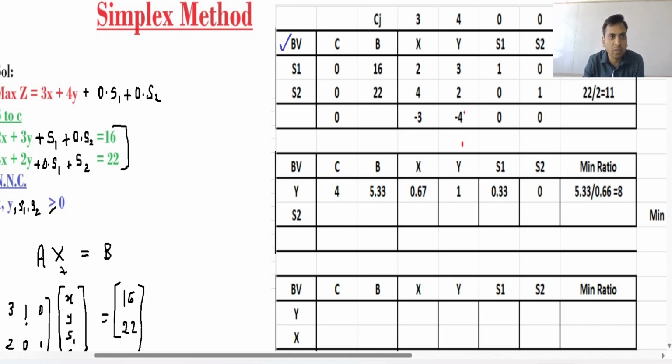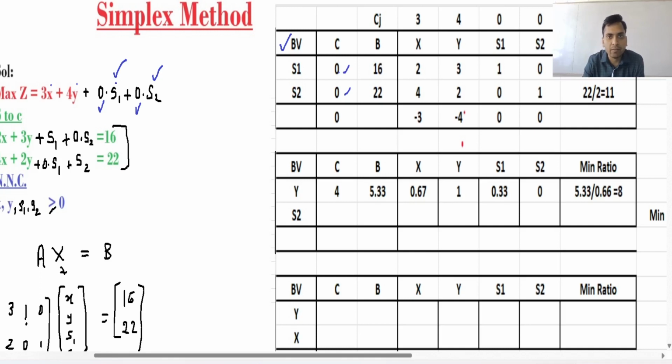As we have a total of 4 variables, x, y, S1 and S2, we will write only the slack variables S1 and S2 in this first block. And their coefficients in the objective function are 0, 0, so we will put 0 and 0. And these two equations equal 16 and 22, so we will write B constants 16 and 22.